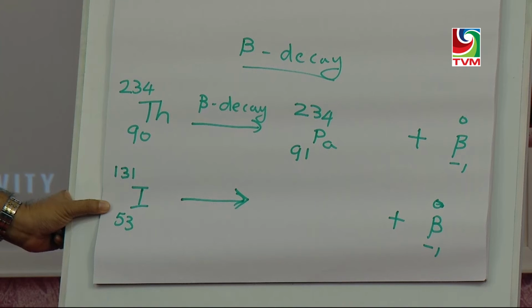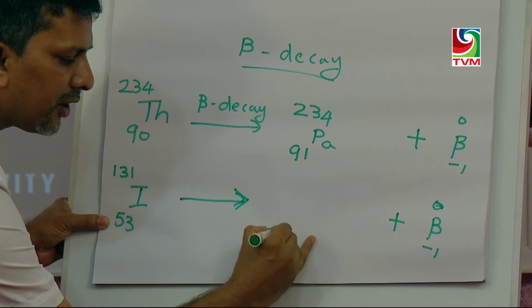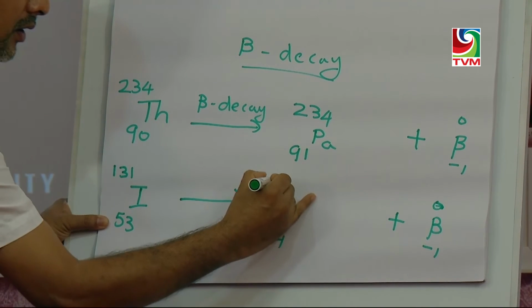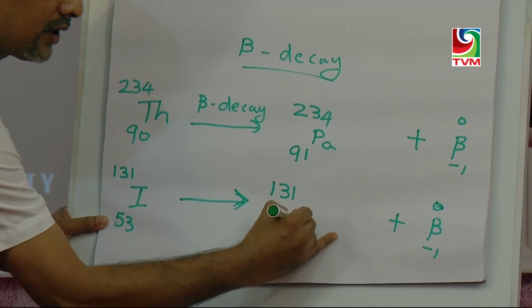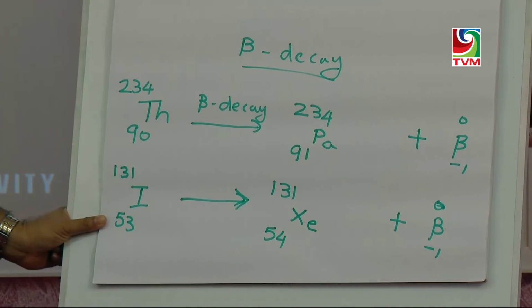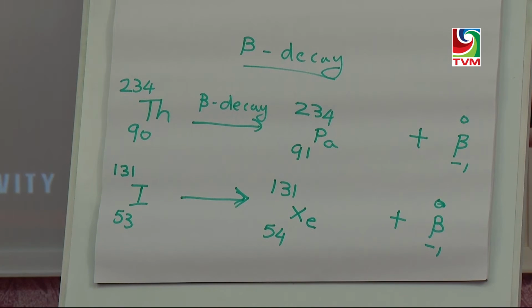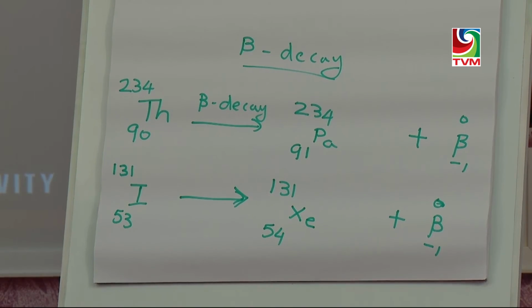Then what about the new element's atomic number? Increases by 1, so it will be 54, and mass number has no change, so 54, 131. It's a new element, xenon. Understand this much? Then when a gamma decay occurs, there is no change of atomic number and mass number.